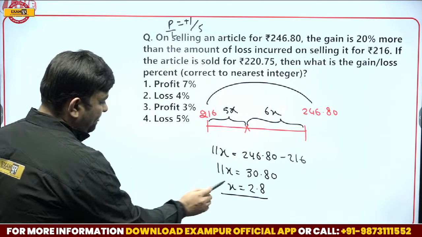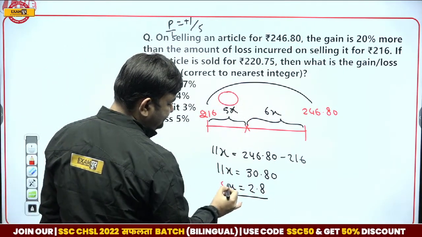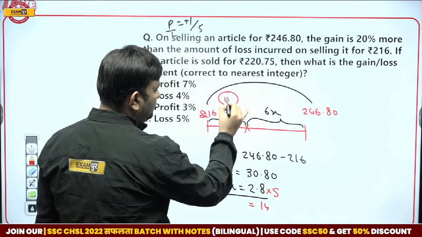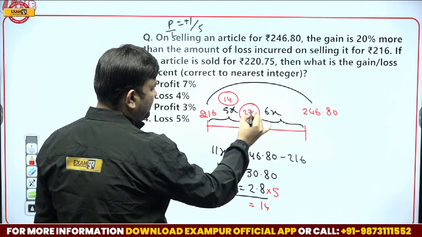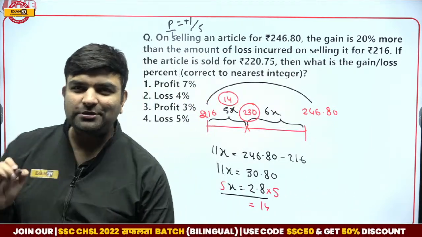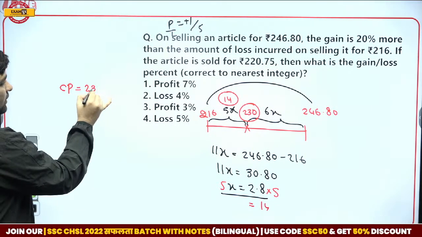So what is the CP? If x is 2.8, 5x is 2.8 into 5, which is 14. 216 plus 14, 230 is the CP. So CP is 230.